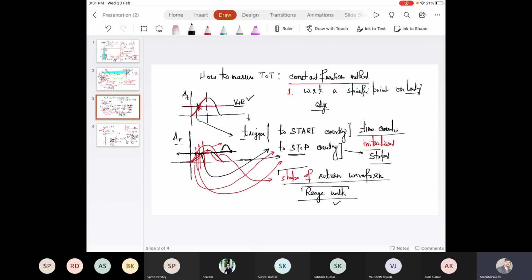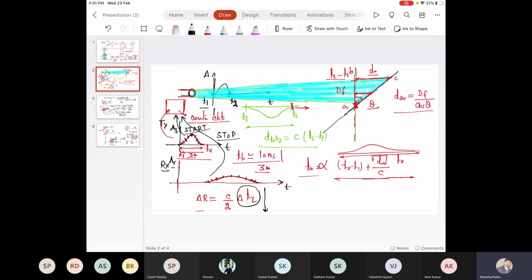Take your time and note down this entire concept which we have discussed.